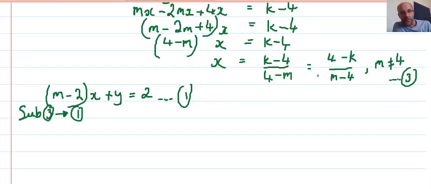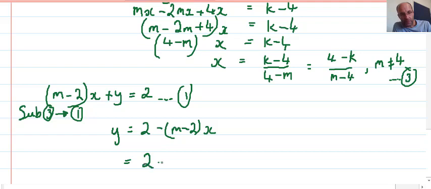So if we sub that result, which I've called equation 3, into 1, and also rearranging 1, which I've rewritten above, making y the subject, we have 2 minus m minus 2 times x, and subbing in for x, k over m take 4.